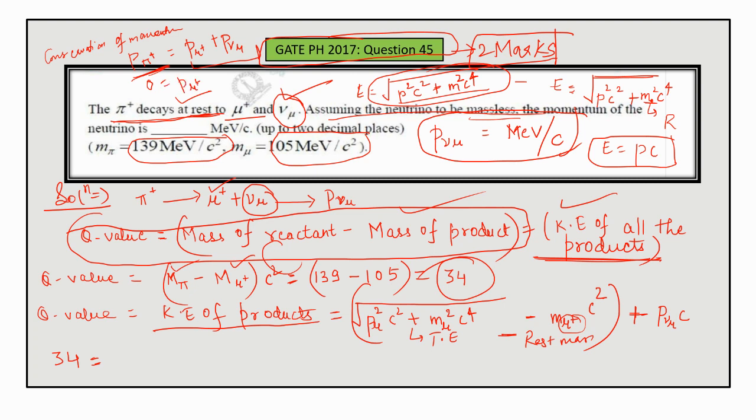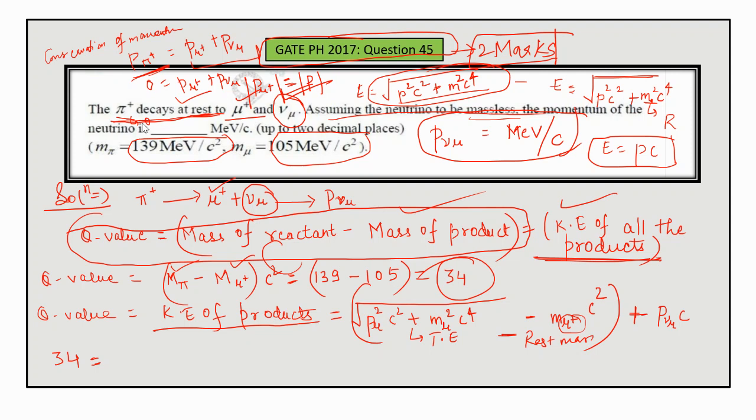What do you infer from this information? You infer that the momentum of muon and muon neutrino is equal and opposite in direction. That means the magnitude is equal, but they are opposite in direction to conserve the momentum, because on the left hand side we have the pion, whose momentum is 0. So on the right hand side the decay products should have equal and opposite momentum.